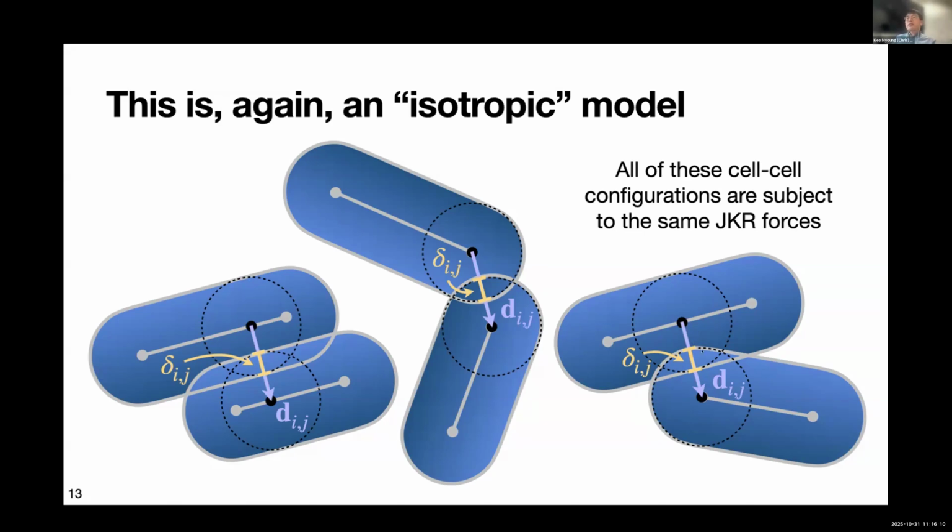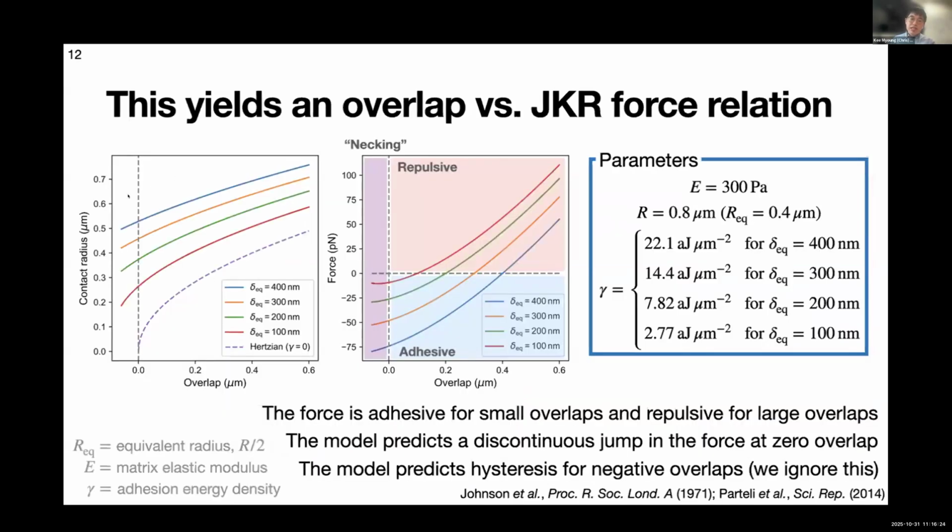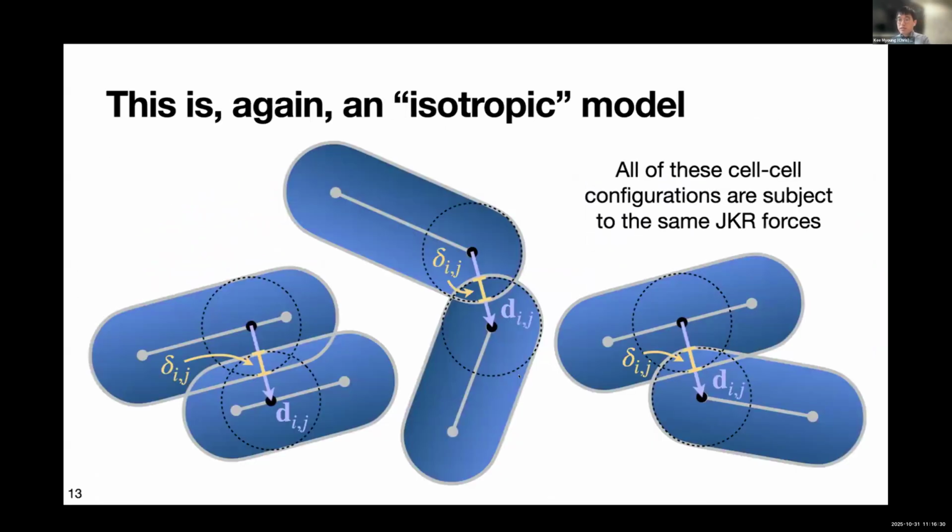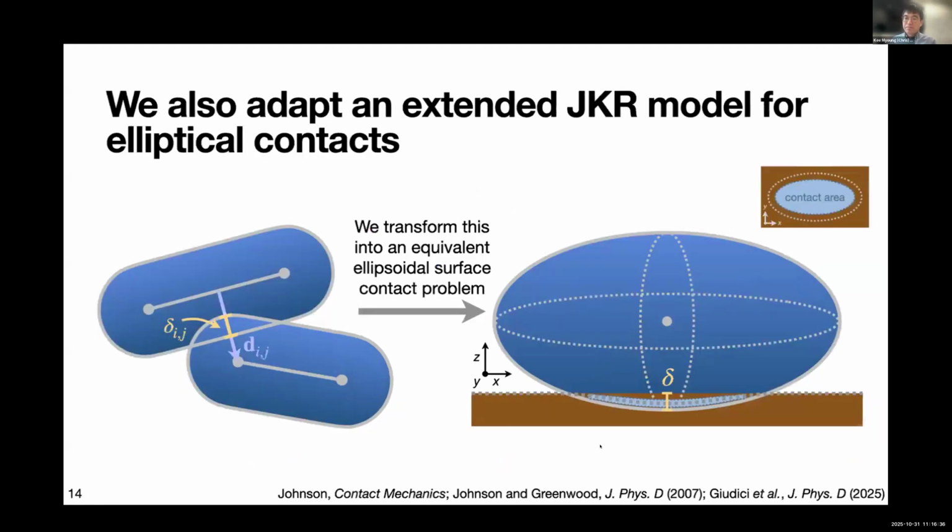And this isotropic assumption is perhaps more reasonable in the case of cell-cell repulsion with a Hertzian contact, because with a Hertzian contact, the deformation is assumed to be quite small. But with a JKR contact, as shown in this plot on the left here, the contact radius can actually be quite large, and the deformation is quite large sometimes. And so perhaps this is a bit less valid of an assumption to make in this context.